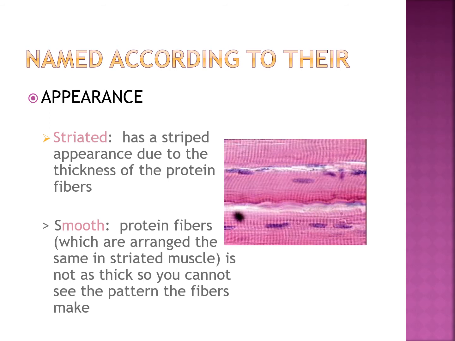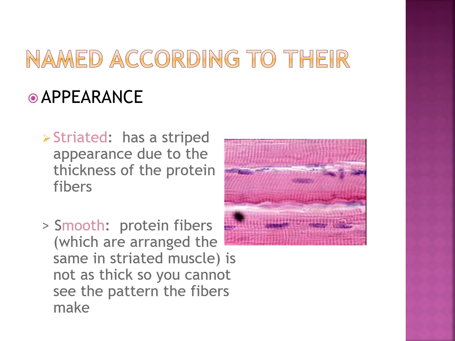And it kind of pulses in order to push things through those tubes. It doesn't have to be really strong. It doesn't need a lot of force. So therefore, the protein fibers in smooth muscle don't have to be really thick. So even though those protein fibers are there, even though the sarcomere pattern is the same, since the protein fibers aren't as thick, you're not going to see the stripes.